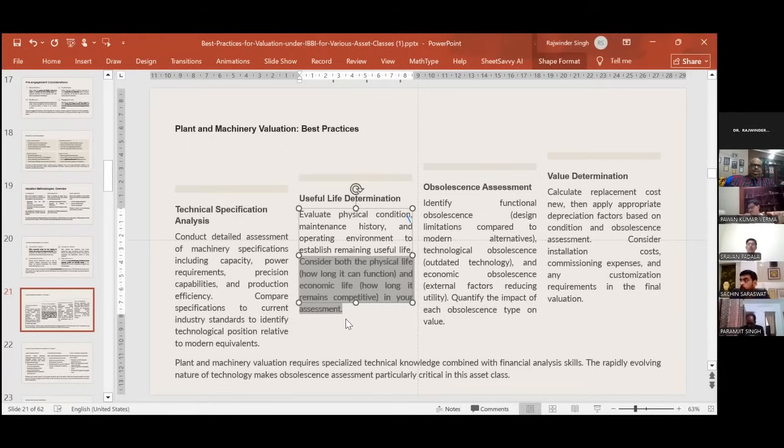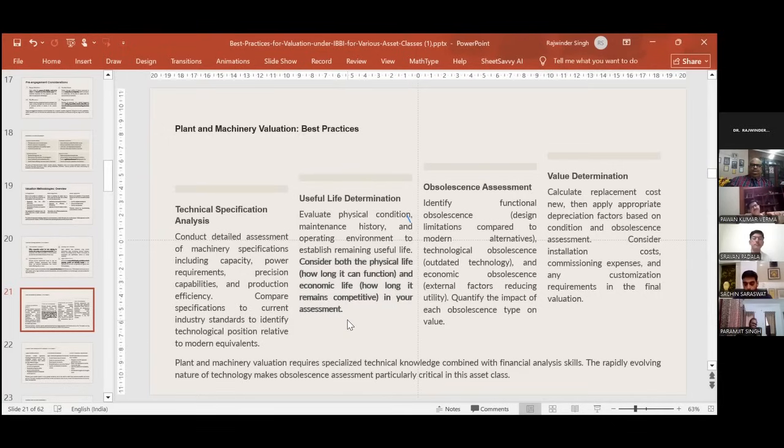Physical life means how long it can function in any condition. Economic life means how long it remains competitive and profitable to use for a particular purpose. You have to calculate both physical as well as economic life of the asset.